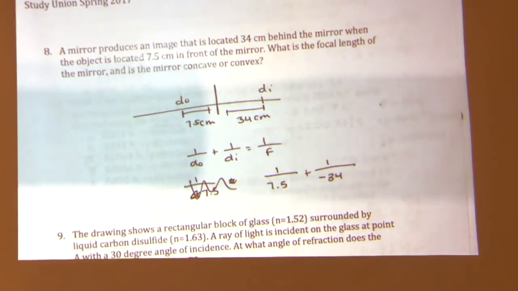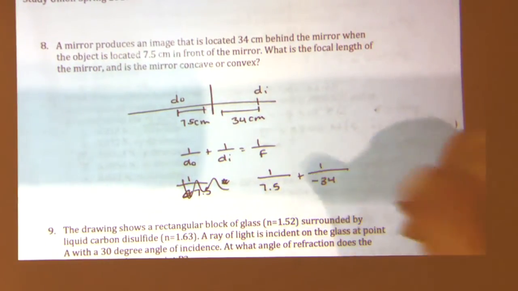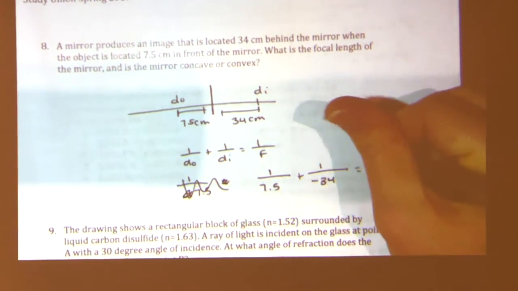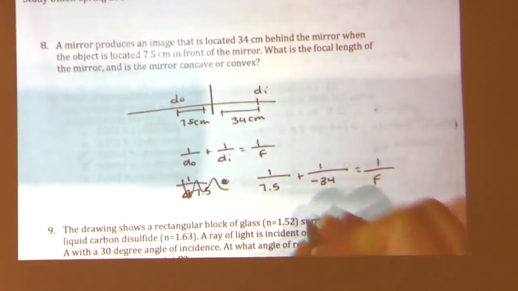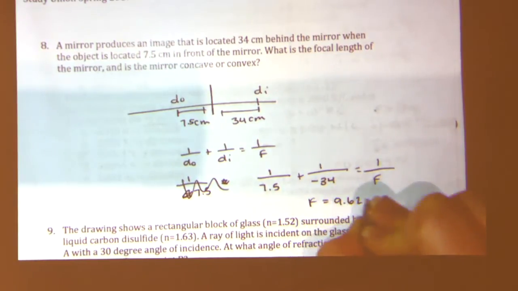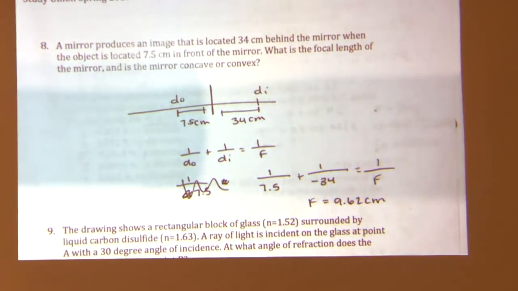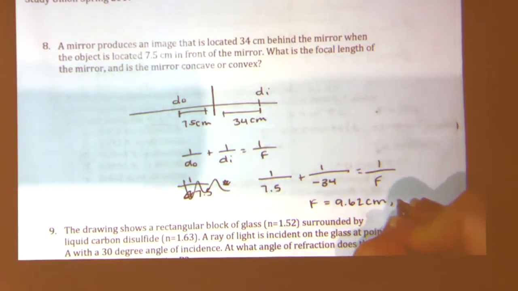I know you got used to not including charges and just taking the absolute value of things, but now in this chapter we have to take into account those signs. And you set it equal to 1 over F. I got F to be 9.62 centimeters. And since that F is positive, that means it's going to be concave. If I got a negative 9.62, then it'd be convex.